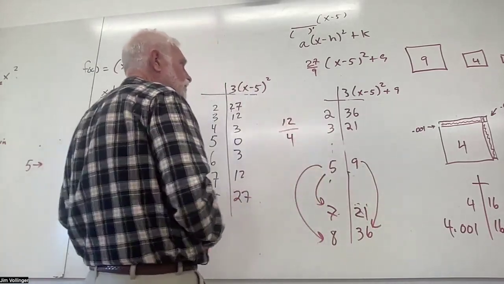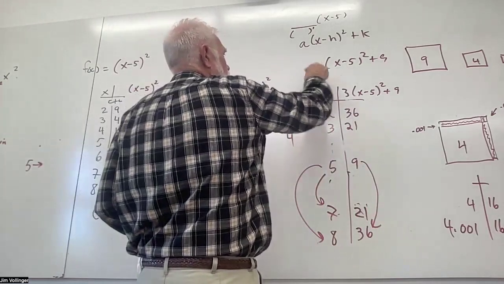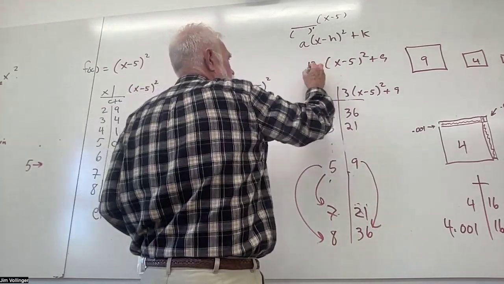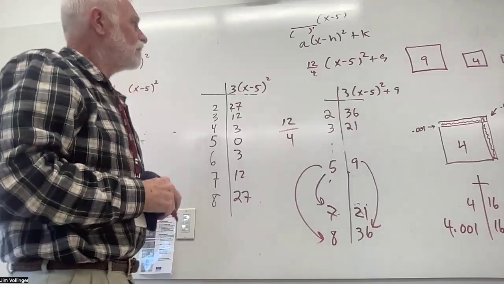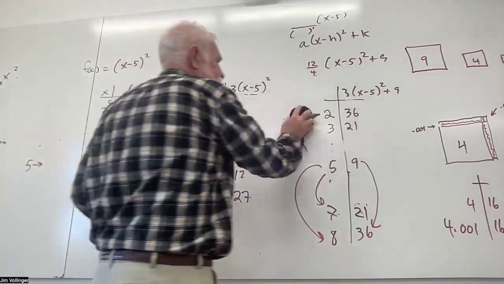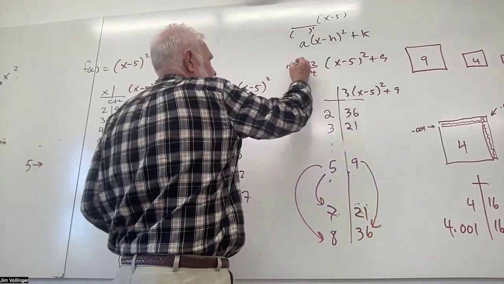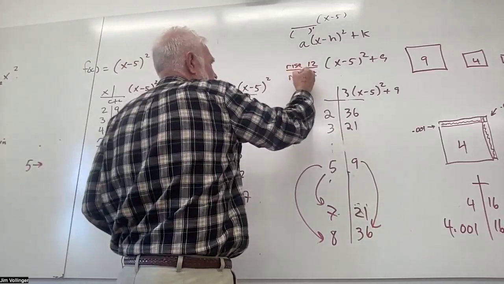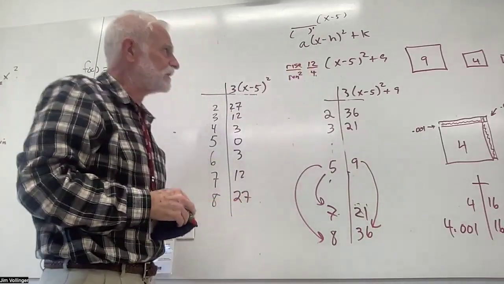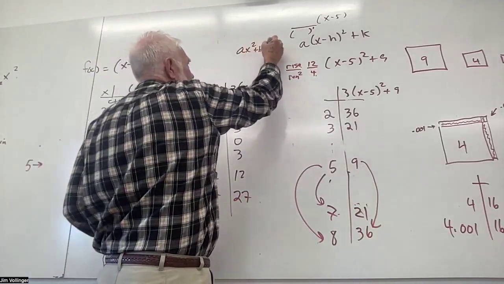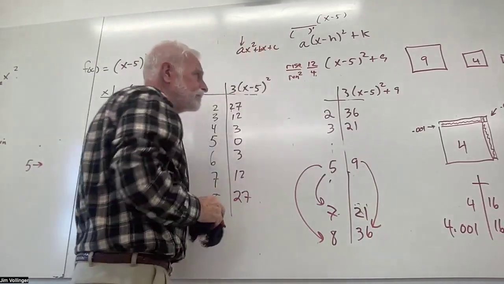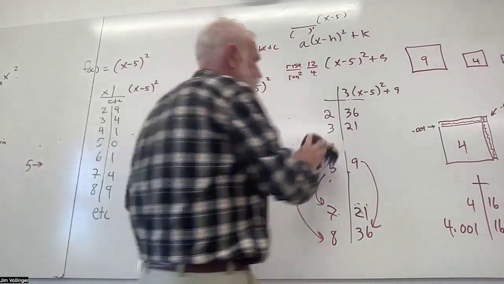Oh, 12 divided by 4. I don't think that number's changed. Oh, boy. Sure looks like it's rise over run squared as measured from the vertex. That's the A term of an AX squared plus BX plus C model. Might be useful to know that.